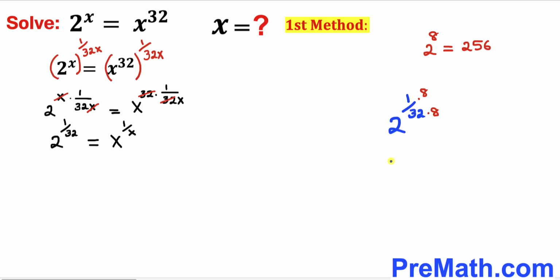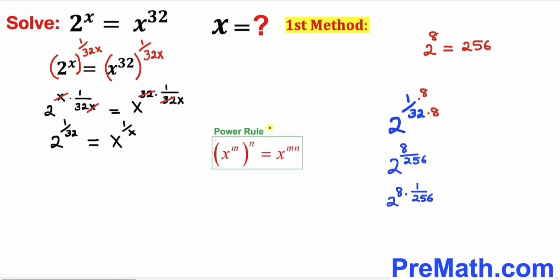So we are going to get 2^(1 times 8 divided by 8 times 32), which is 2^(8/256). And we can write this as 2^8 times 1/256. It doesn't make any difference whatsoever.